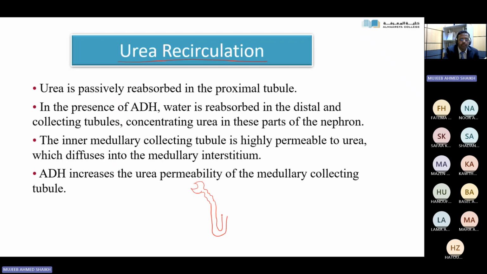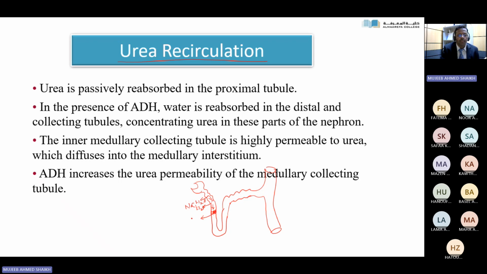I showed you in the previous class. This is a diagram of the nephron. As the fluid reaches down, water is freely reabsorbed, and also sodium chloride. This area becomes very concentrated and contains urea also.